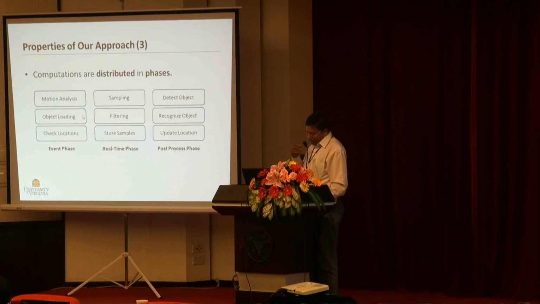In the second phase, once you detect motion, you sample the events in real time, because again, as the last speaker said, it's generally not possible to send images at high frequency. And in the third phase, when you have some idle time, you send this image to some central location where it's processed.